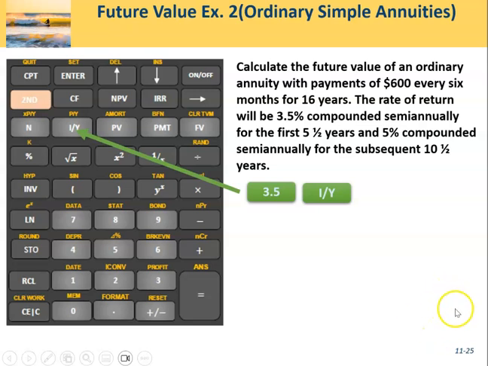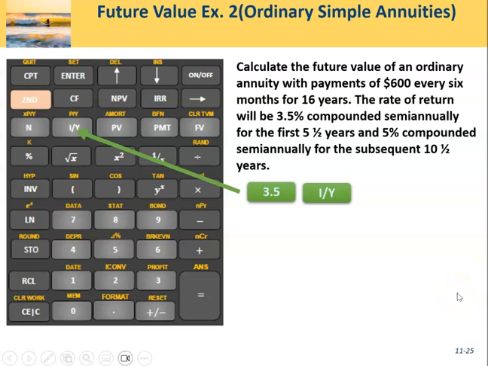Again, if you'd like to use the formula or confirm that you know how to use it and can get the same answer whether you're using the features on your financial calculator or the formula, please feel free. But for my videos and the expectations of the class, it's to use the financial features.